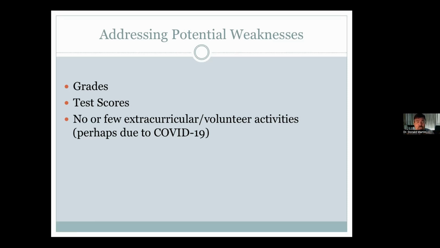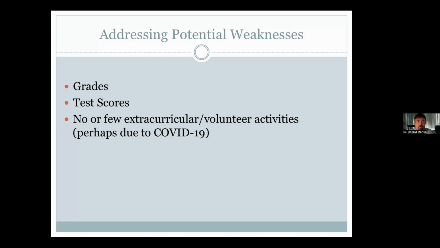I have members of my family that I'm working with right now, one of them in particular who's thinking of applying for college, and that was their experience. They were unable to do some of the things they would have normally done because everything's shut down. And as we mentioned in the last presentation on July 11th, extracurricular and volunteer activities are equally important in an undergraduate application and a graduate school one. This is a very critical area.